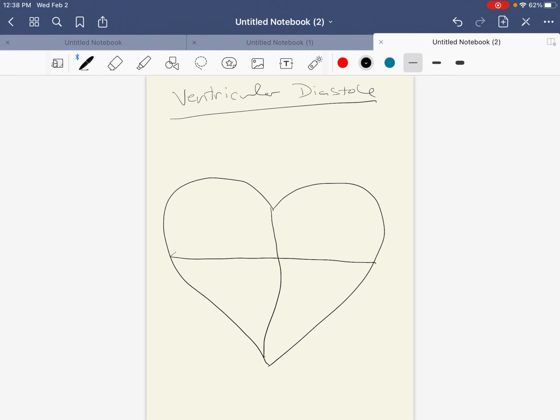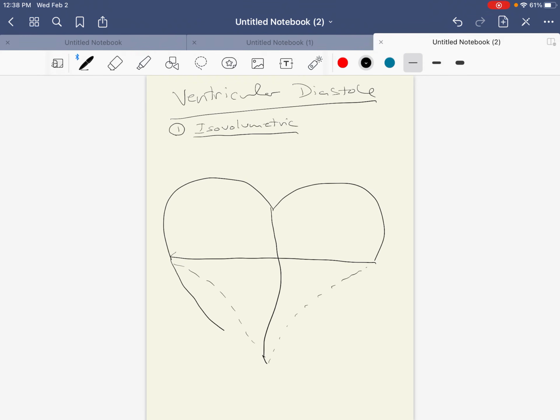In ventricular diastole, the previously contracted ventricles relax. Remember, during ventricular systole, the ventricular walls contract. So in the first portion of ventricular diastole, we also have a period that is isovolumetric.